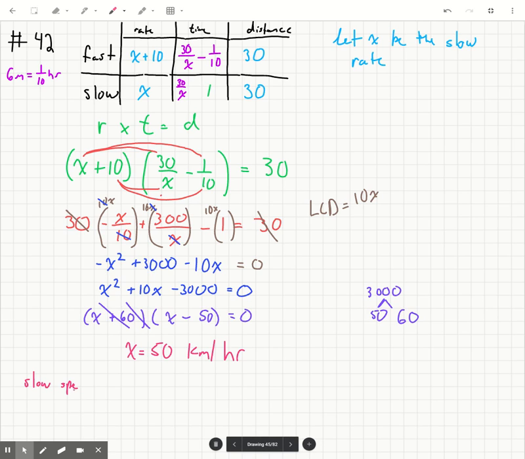This is number 42. Her new speed, well, that's pretty easy. We just have to add 10, right? So it's 60 kilometers per hour. All right.